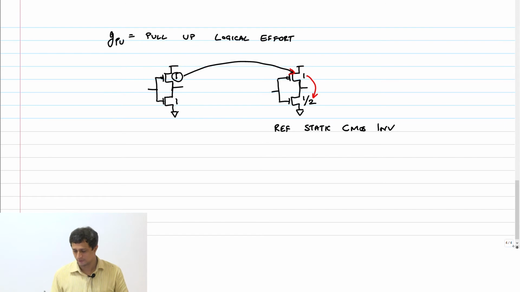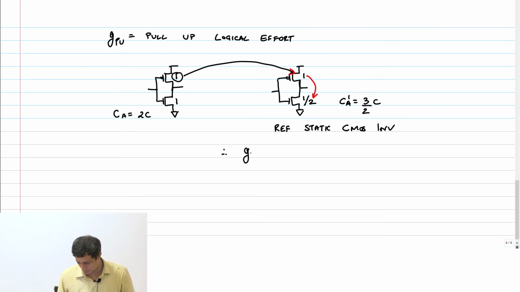Now if this is 1, what is the capacitance? CA is how much? This is still 2C. What's the capacitance here, CA prime? 3 by 2 C. Therefore, G pull down is how much?